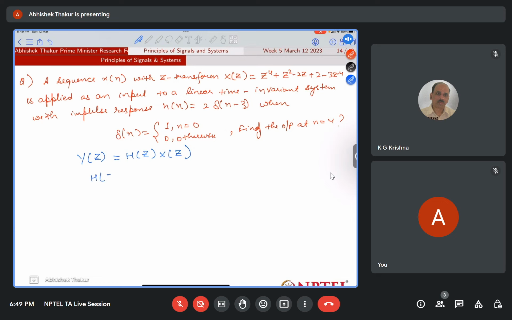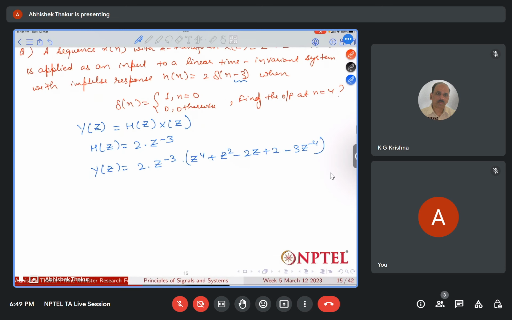So H(z) = 2 z^-3, and Y(z) is equal to, we will now multiply it, 2 z^-3 into (z^4 + z^2 - 2z + 2 - 3z^-4). So after that, let's take this z^-3 inside. We will get 2 into z plus z^-1 minus.